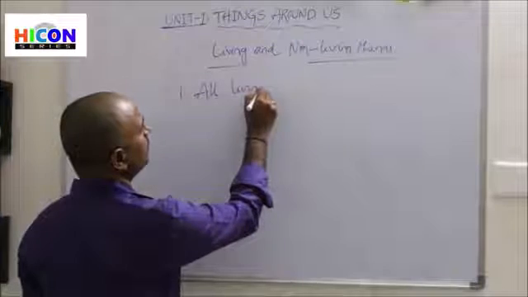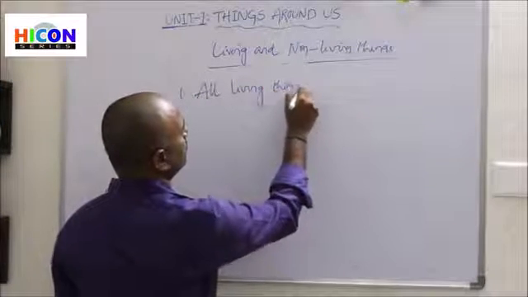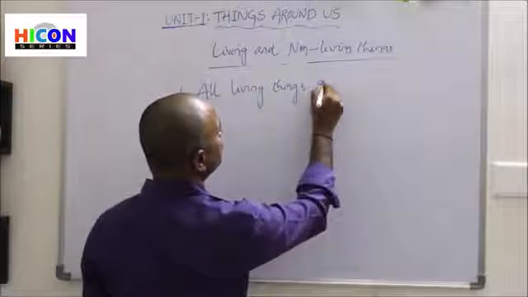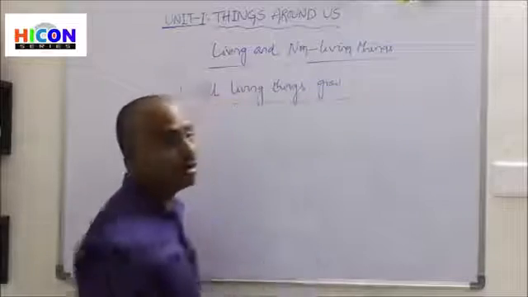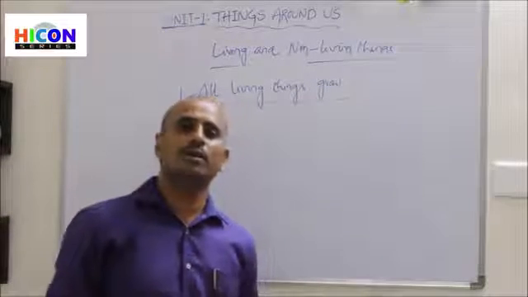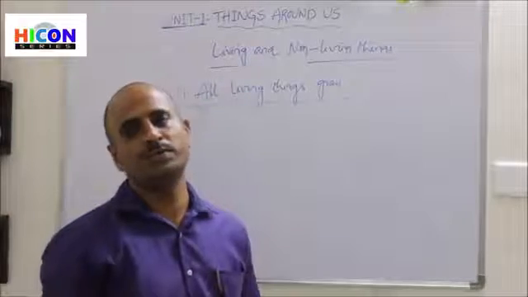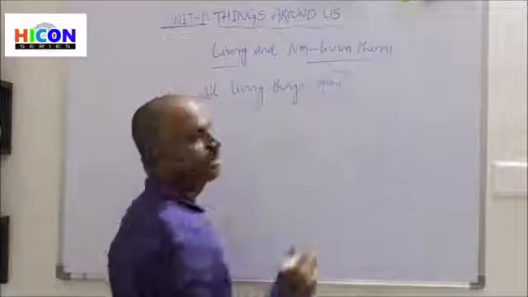This is the first characteristic of living things. All living things grow and non-living things do not grow. Already we have discussed in the previous episode that all living things grow and non-living things do not grow.